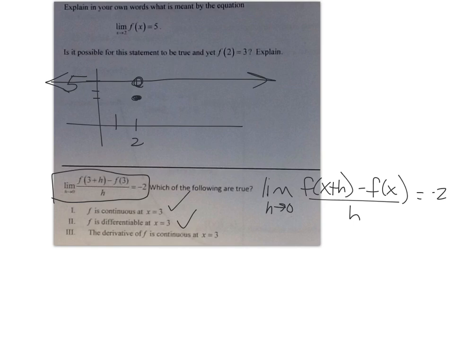The derivative of f is continuous at x equals 3. Well, by the definition of continuity, the limit of that derivative would have to exist from both sides and be equal to the value.